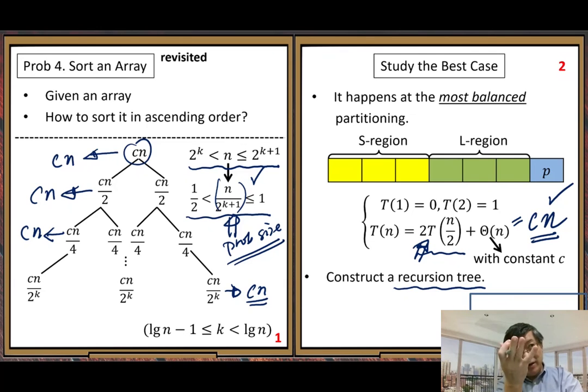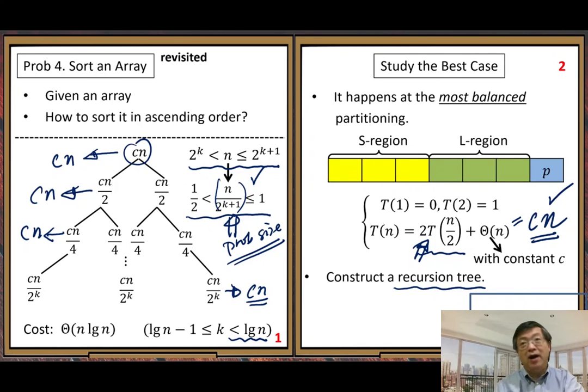But the k plus 1, just plus 1, we can still use k for the estimate, right? The k we know in this range is very close to log base 2 of n. Now, it is very easy to see the total cost is big theta of n log n.